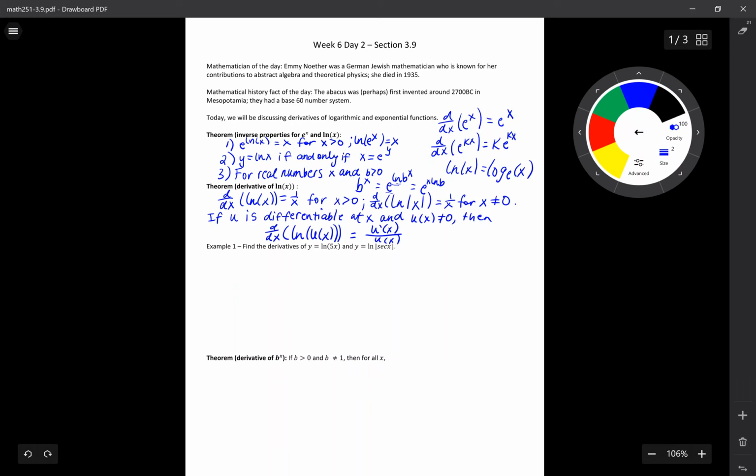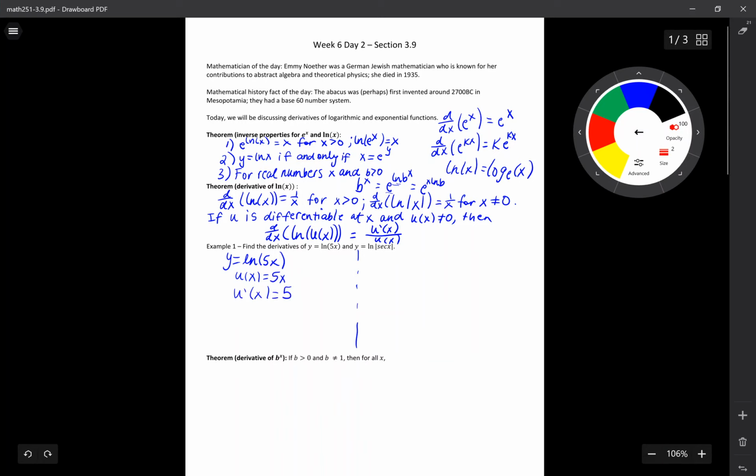So if I were to have the natural log of 5x, here I'm taking the natural log of a function. So I'm going to call my u of x equal to 5x, right? Since I'm taking the natural log of a function, that means that u prime is equal to 5.